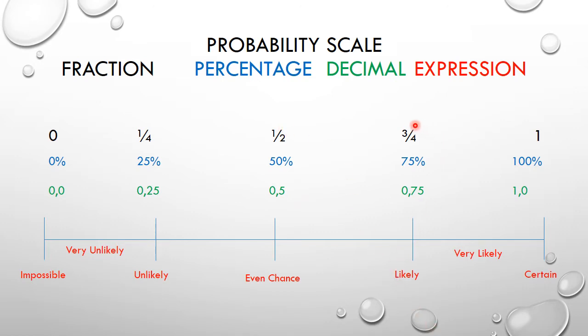Likely, 3/4 or 75%. Very likely, somewhere between likely and certain. Certain sits at 1 or 100%. These are all similar ways of expressing the same thing. Synonyms, if you like.